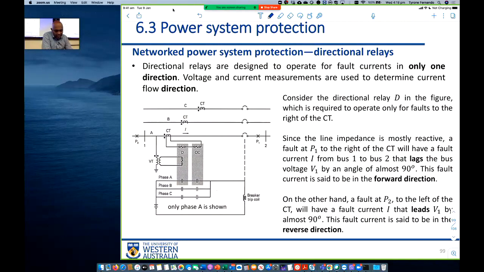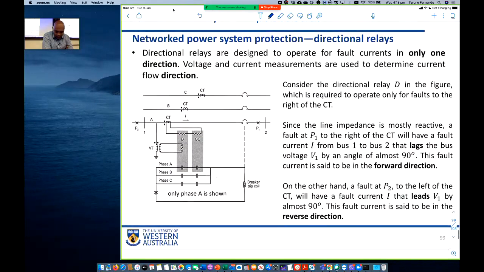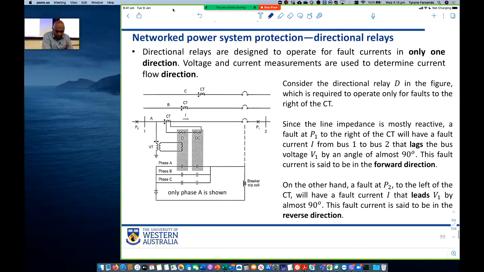Directional relays are designed to operate for fault currents only in one direction. So voltage and current measurements are used to determine the flow direction. We measure the voltage, measure the current, and from that you can determine the direction. Directional relays operate if the current flows in the correct direction, and also if the current exceeds a certain amount.